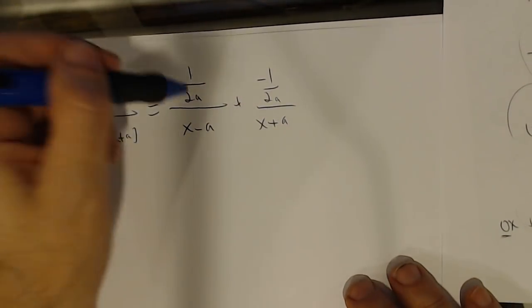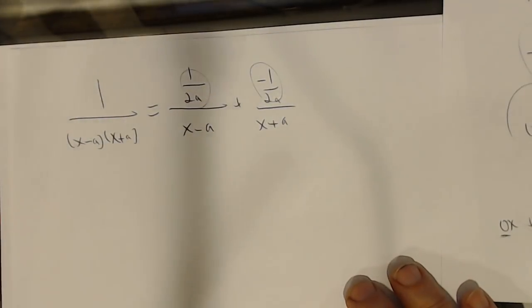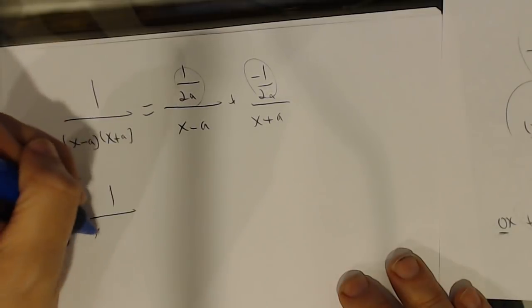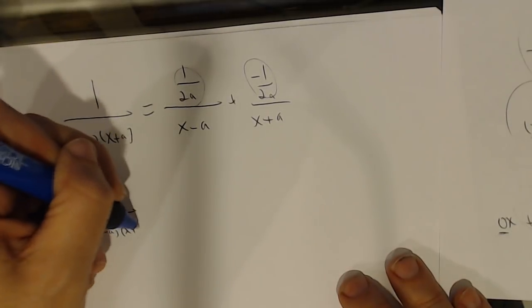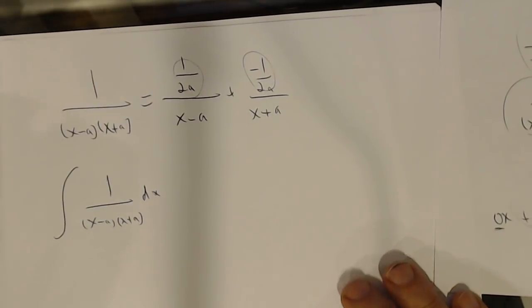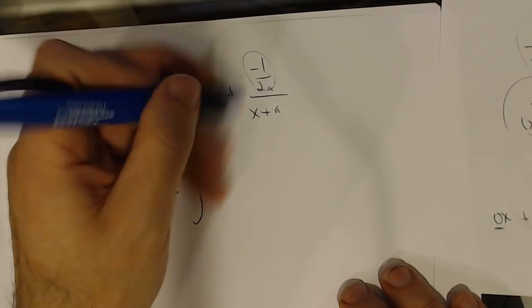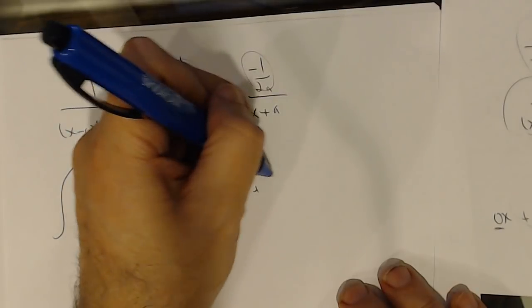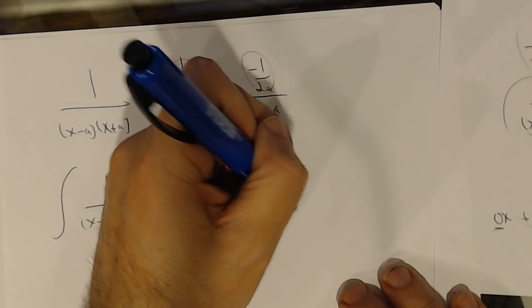Now remember, the 1 over 2a and the negative 1 over 2a are constants, so we're not concerned about this. So here's what we're going to say. The integral of 1 over x minus a times x plus a dx is the same thing as the integral of 1 over 2a over x minus a plus negative 1 over 2a over x plus a dx.